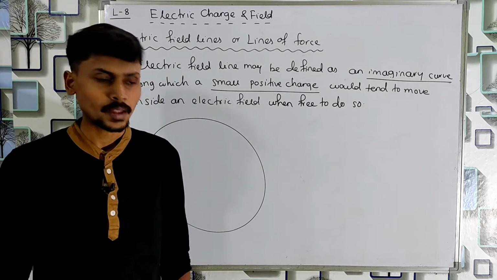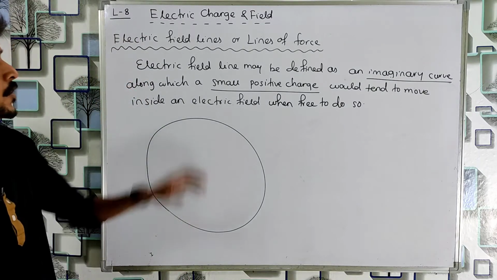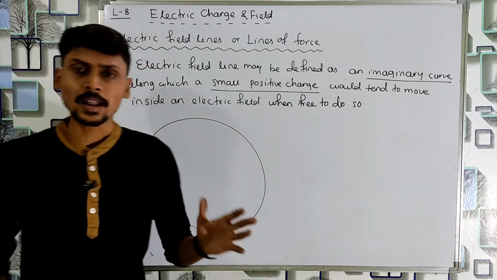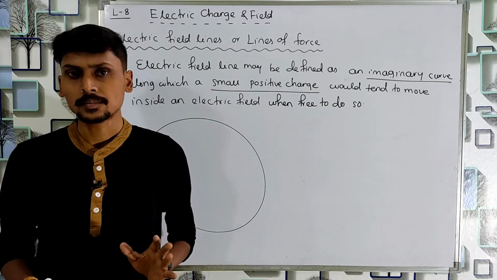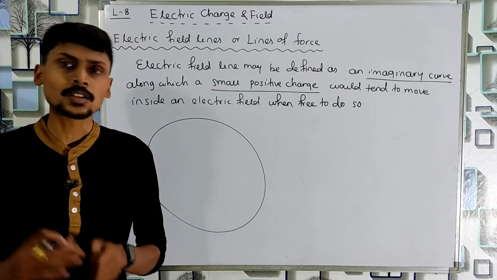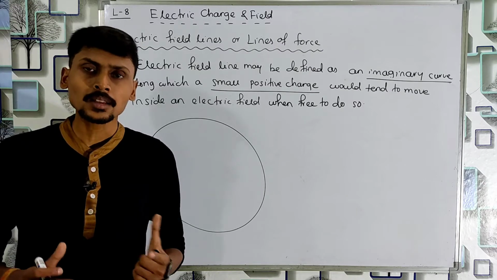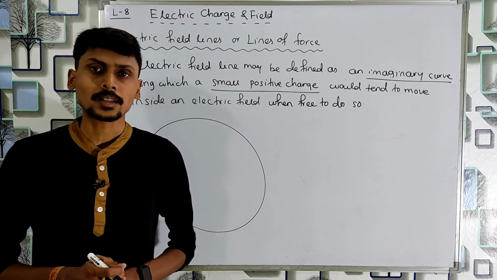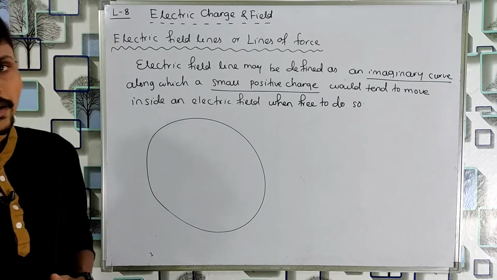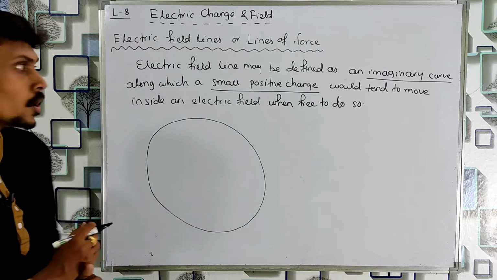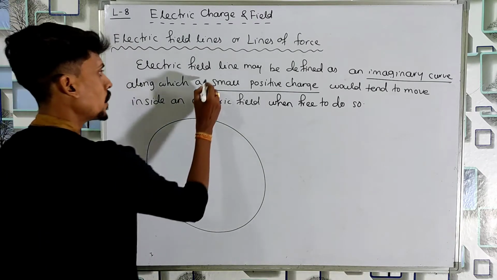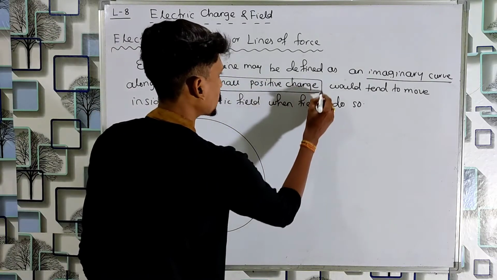Is that clear? And remember that this electric field line may be a straight line or a curved line. In some cases it is a straight line, in some cases it is a curved line. To draw the electric field line, you have to draw the path followed by a small positive charge.